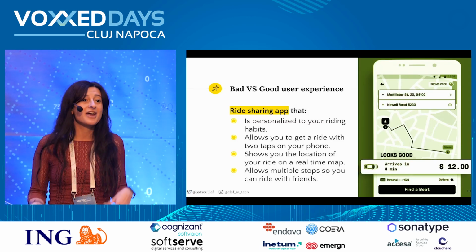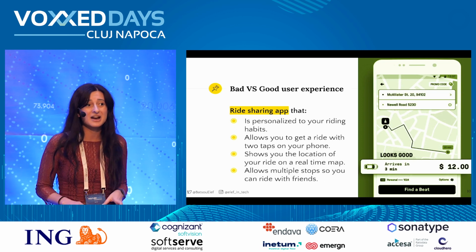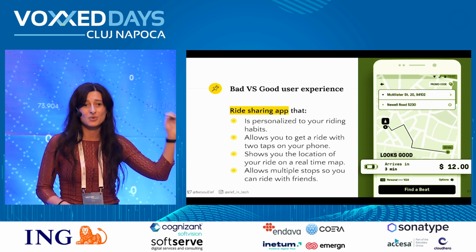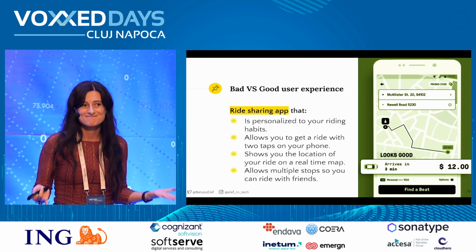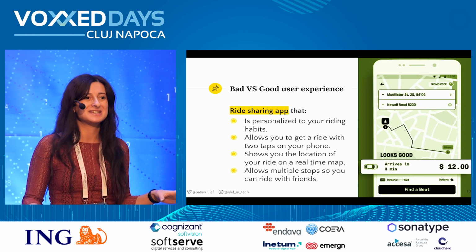Or would you prefer another ride-sharing app, and imagine that the UI is pretty similar, but this time you can save your favorite destinations, pay however you want, see everything in real time? And yeah, here I'm pretty sure that you know the answer.